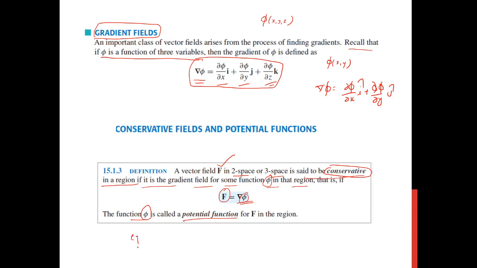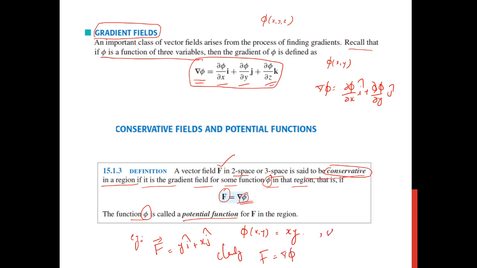For example, if I take phi of xy equal to xy, a scalar function, and if my vector field is f equal to yi plus xj, then clearly f equals del phi, right?